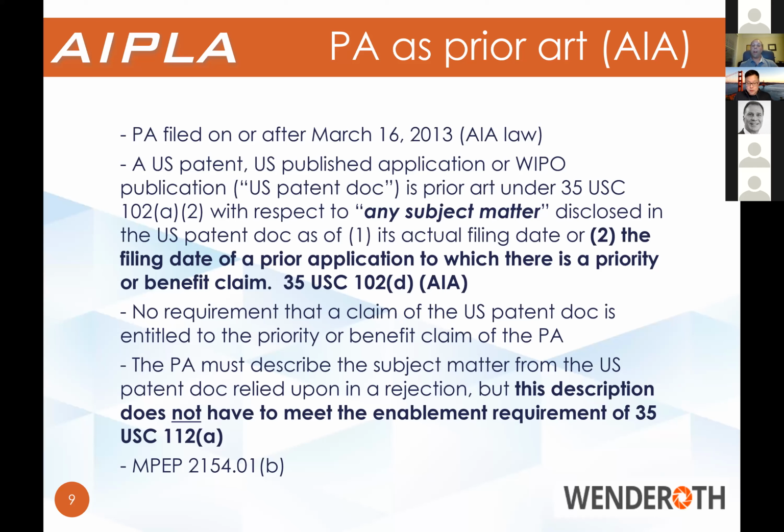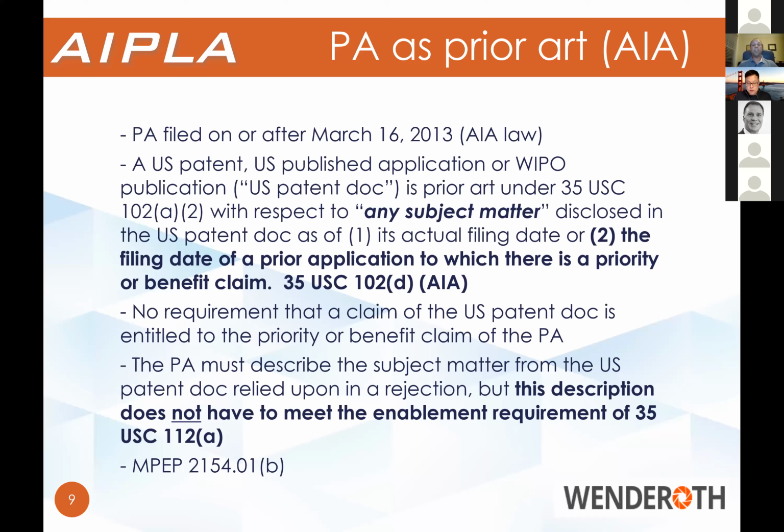There's no requirement that a claim of those US patent documents is entitled to the priority or benefit claim of the provisional. So that means you don't have to have a claim supported in the provisional to support those patent publications or WIPO publications.